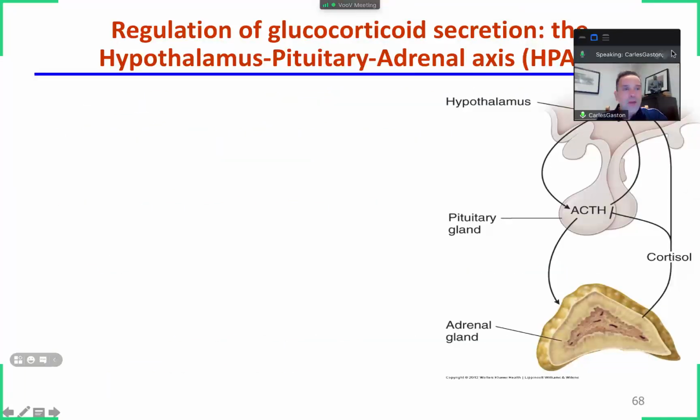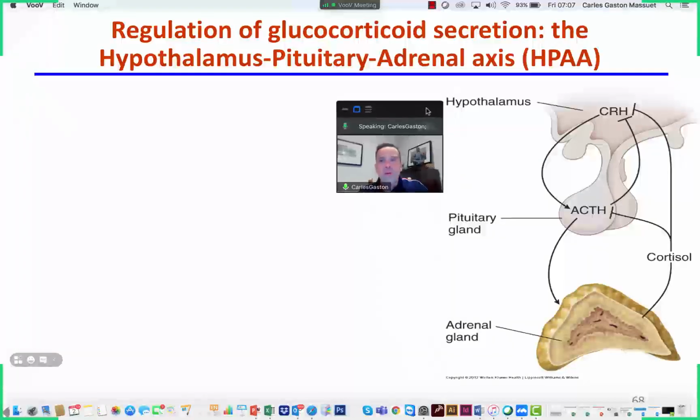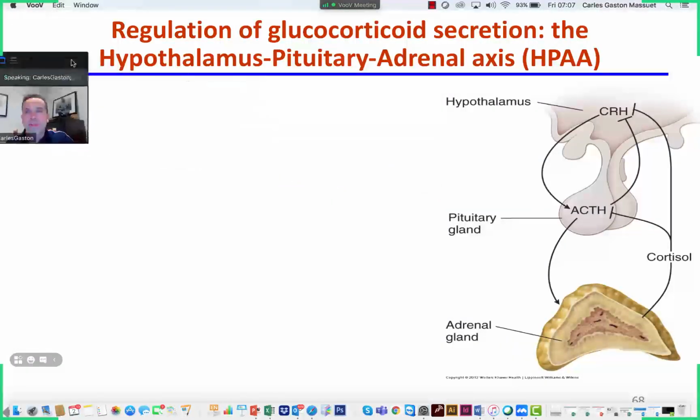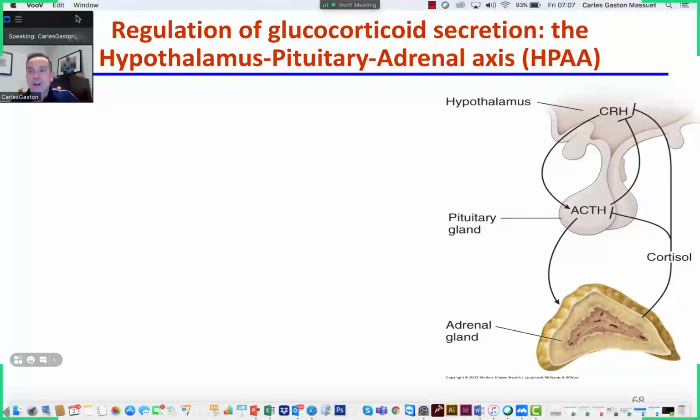So, right, now we can go even back to almost the beginning of our module. So, regulation of the glucocorticoid secretion. The hypothalamic pituitary adrenal axis. Just to recapitulate, we studied the hypothalamus. What does it secrete? Corticotroph releasing hormone.